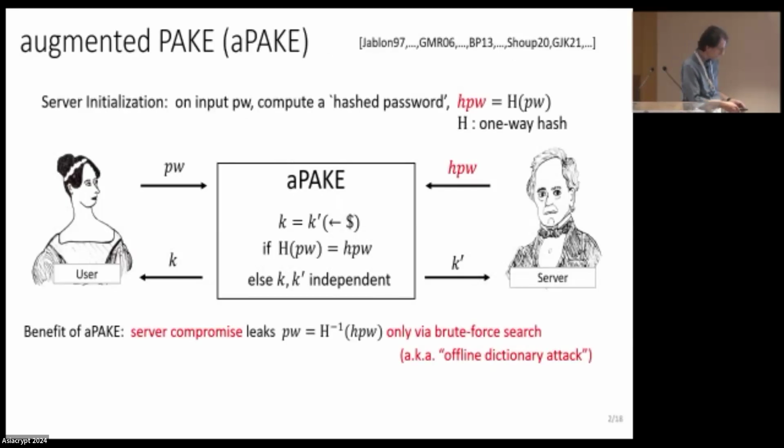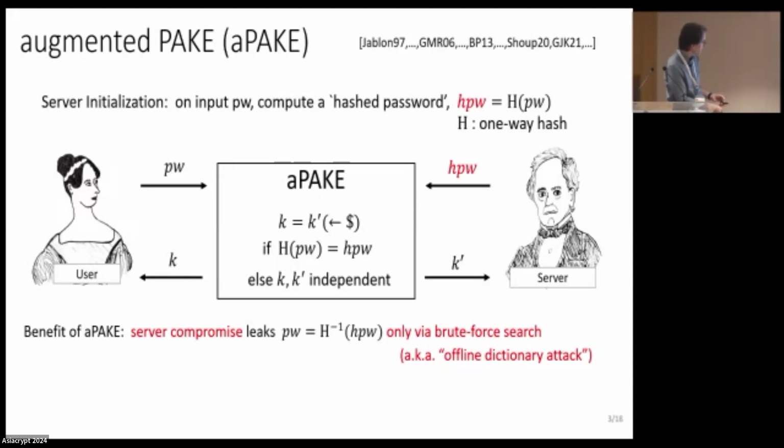And in this talk, we'll talk about the asymmetric version of the PAKE problem. It is called augmented password authenticated key exchange, or aPAKE, where one party, the server, has a hash of the password. And the functionality now checks whether Alice's password is the pre-image of the one-way hash function of the server's hash.